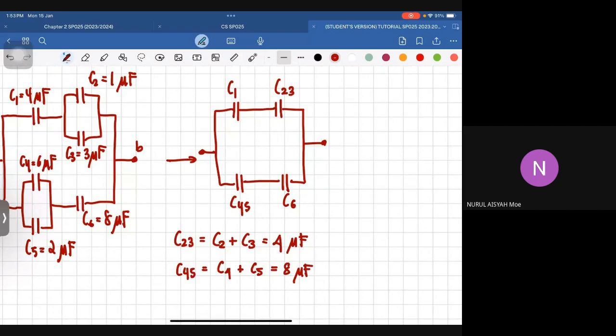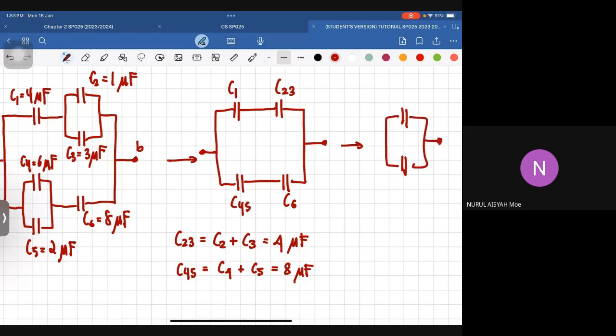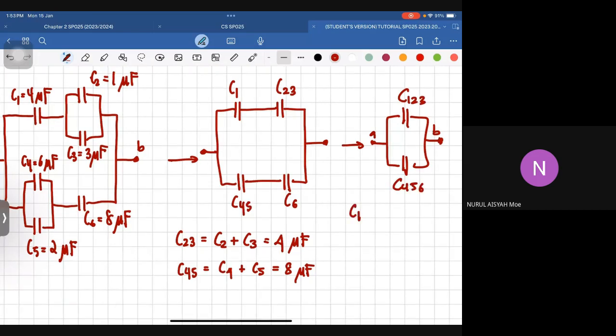Alright, so after that pula, kamu kena combine yang ini dengan yang ini. Okay, so that is gonna be 1 and 2. So dia jadi A and B. So yang ini C1 2 3, C4 5 6. So kiralah untuk C1 2 3 ni the connection is in series. So ini series.